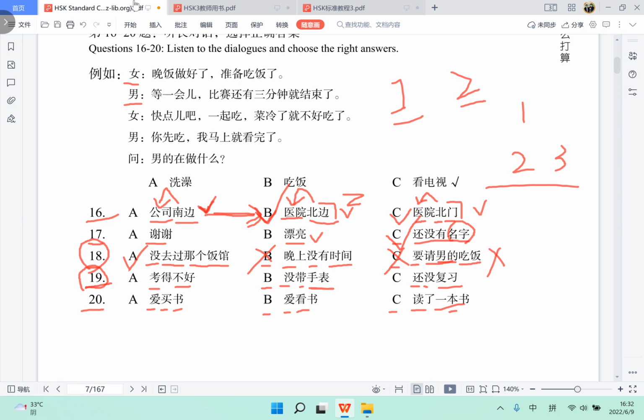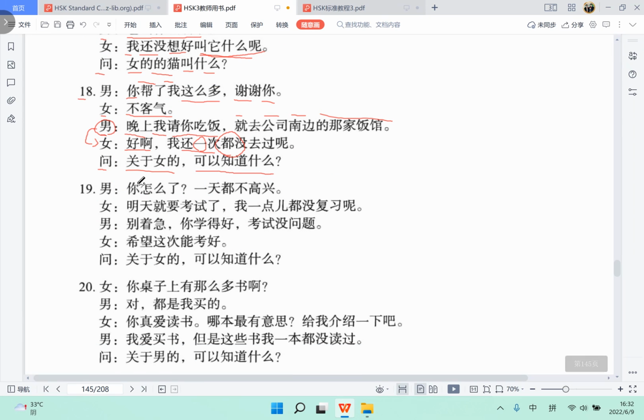And 19, 你怎么了, what's wrong with you? 一天都不高兴, whole day unhappy. 明天就要考试了, so 要什么什么了, something is going to happen, and 就 emphasizes urgency, so tomorrow going to have the examination. 我一点儿都没复习呢, so I still haven't reviewed even a little bit. So 没复习的嘛, haven't done the review even a little bit.